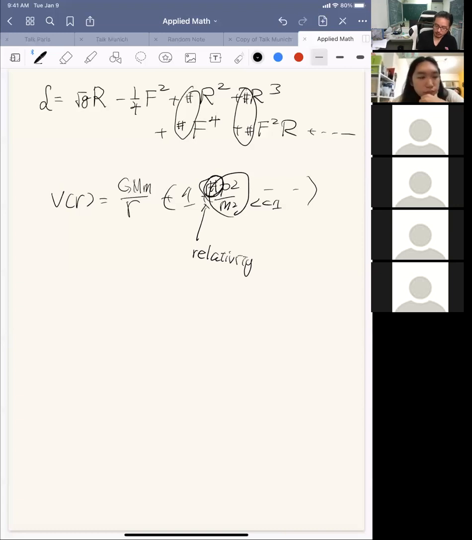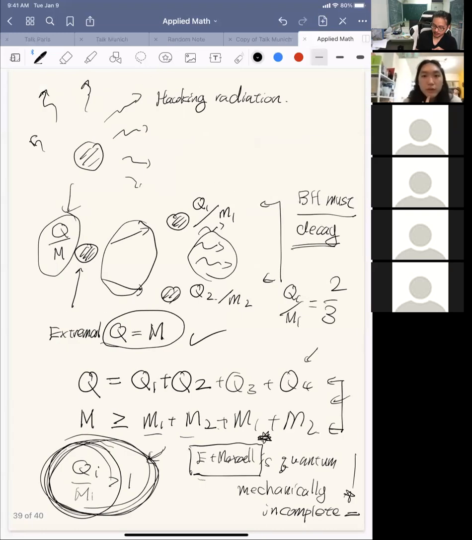And now we have similar problems here, in that we only know the leading term, which is what Einstein gave us, the Einstein-Hilbert action, as well as the Maxwell term. Now we know that we can add all of these corrections. And a fundamental question is what are the new principles that guide these coefficients? And one of these principles now is precisely the issue that black holes must decay.